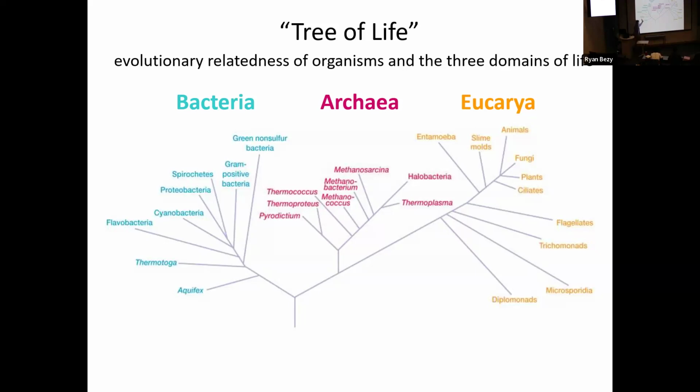So this is a data-driven tree, but what it shows is our evidence shows that all the bacteria can be traced back to a common ancestor before you hit any member of the archaea or the eukarya. And that means all the bacteria are more related to one another than any member of the other domains. Does that make sense, everybody? Same thing, all the archaea can be traced back to one single common ancestor. All the eukarya can be traced back to one single common ancestor.